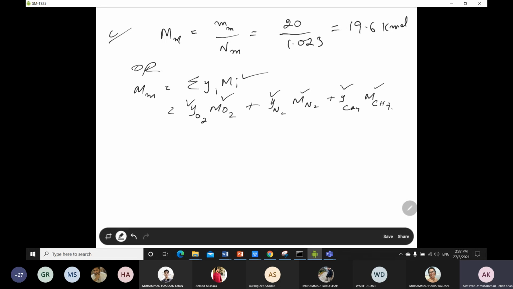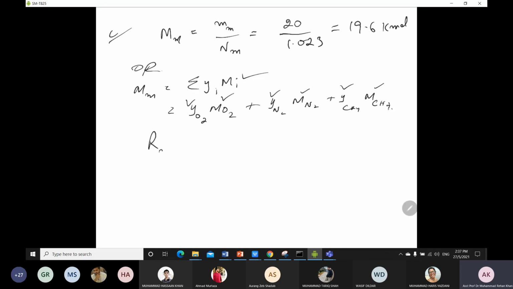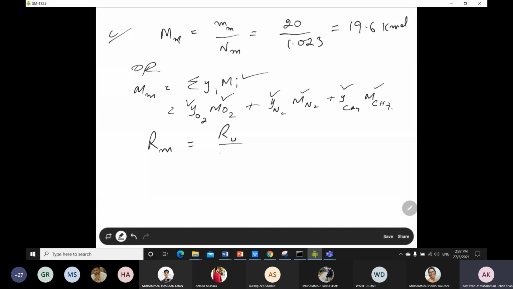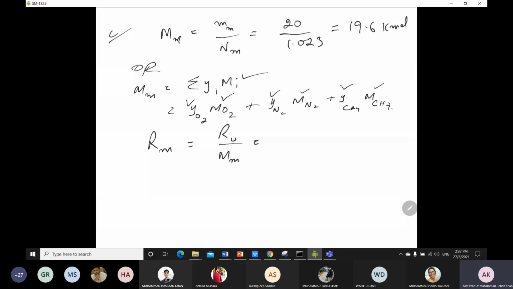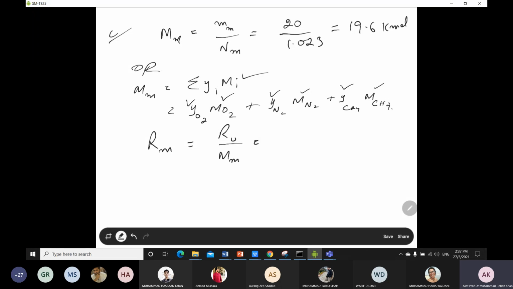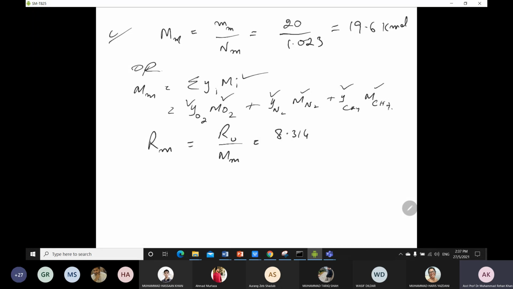The last thing required in this question is to find the gas constant for the mixture. The gas constant of the mixture is Ru over the molar mass of the mixture. The Ru value you can find from table A1, which is 8.314 kilojoule per kilomole Kelvin, and the molar mass of the mixture you already have, which is 19.6.